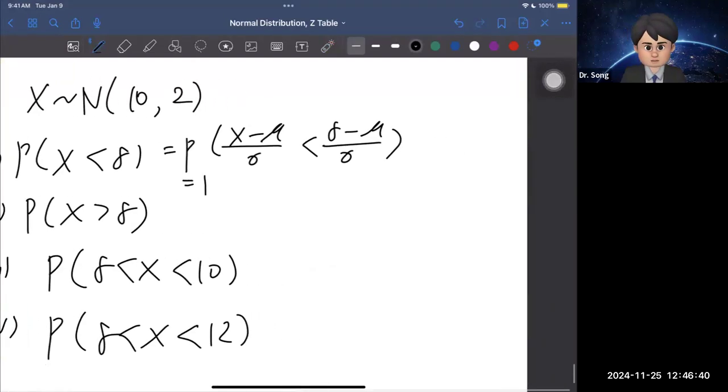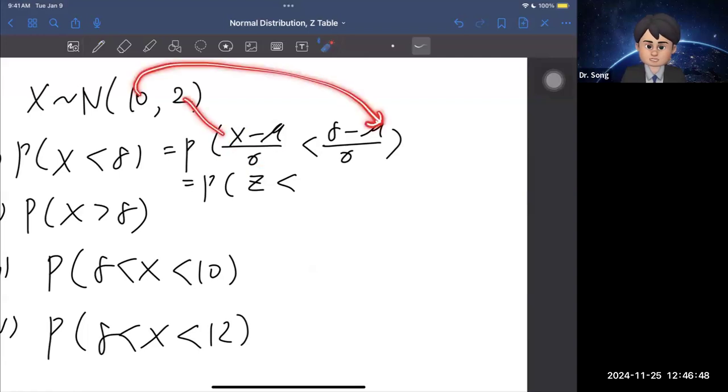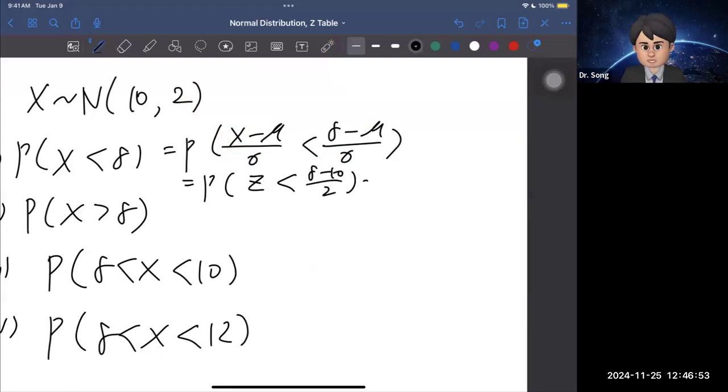X minus mu over sigma becomes Z, the standard normal, and since the mean is 10 and the standard deviation is 2, 8 minus 10 over 2 is negative 2 over 2, which is negative 1. So the probability Z is less than negative 1.